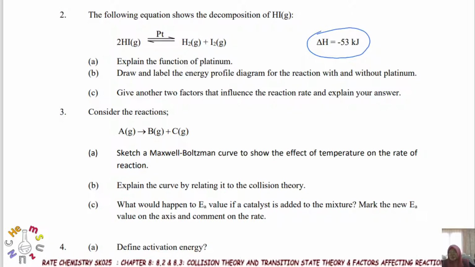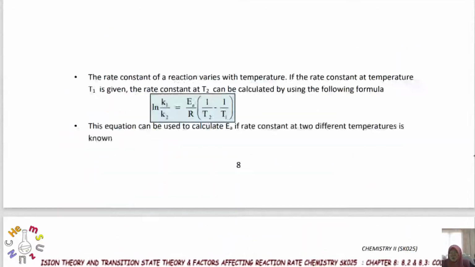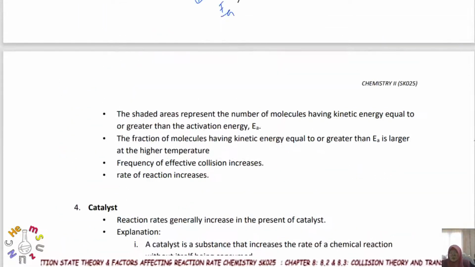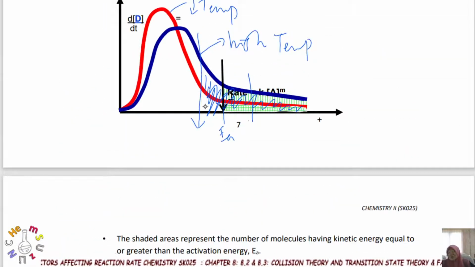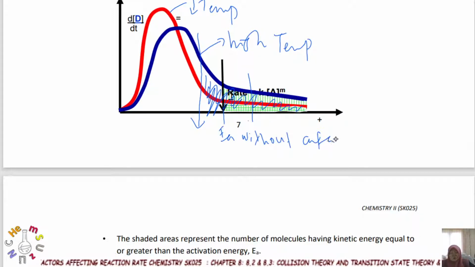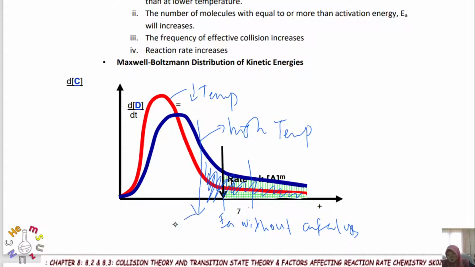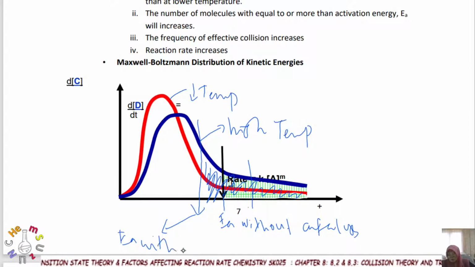Okay, jadi kita dah tengok tadi bila kita tambahkan catalyst, so EA tu akan menurun. This is EA yang Madam dah buat awal ni adalah without catalyst. Okay. Then the new EA here is EA with catalyst.